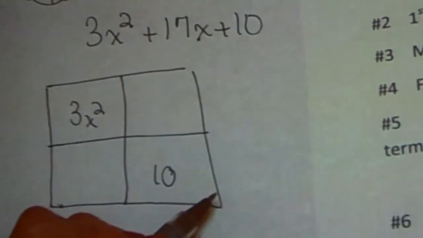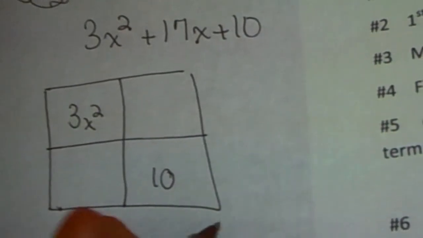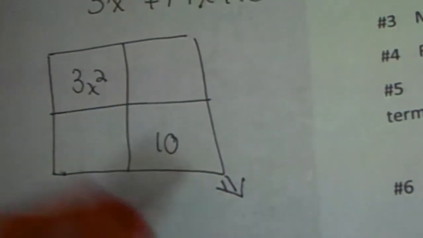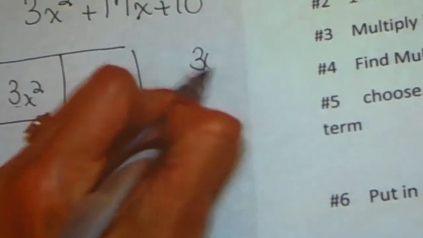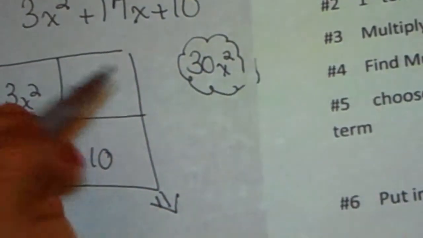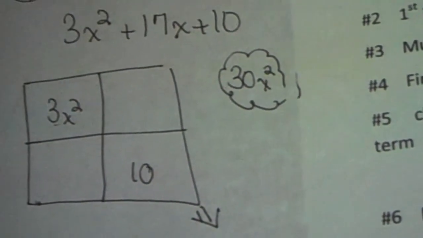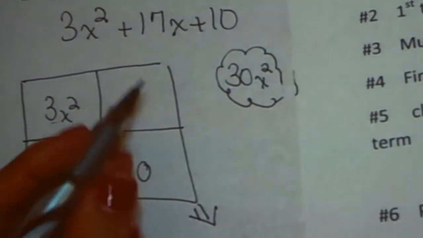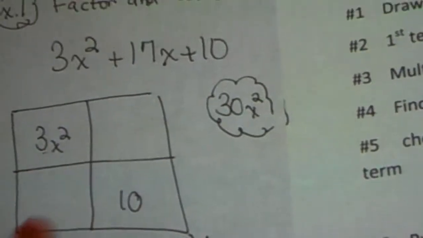Step 3, Manuel. Multiply it. Very good. So 3x squared times 10, and I'm going to bring it up here. 30x squared. Step 4, Justin. Find the multiples, which are my factors.